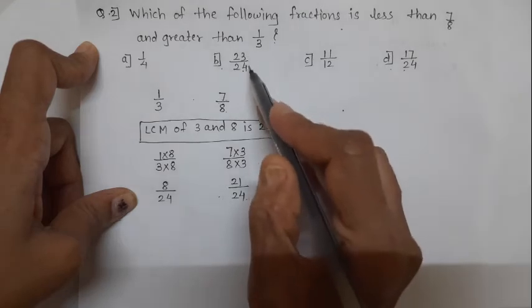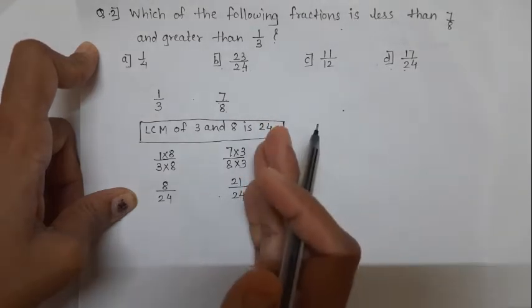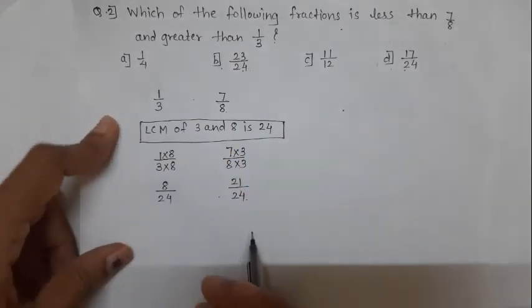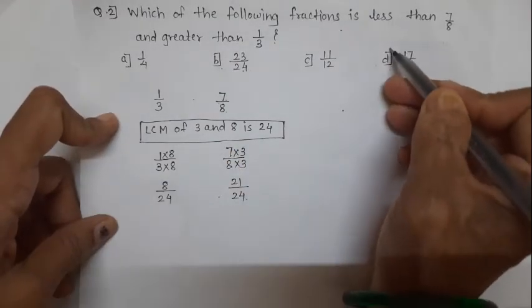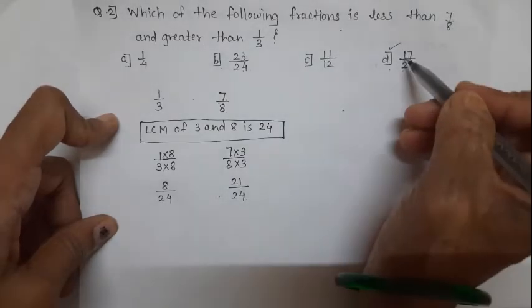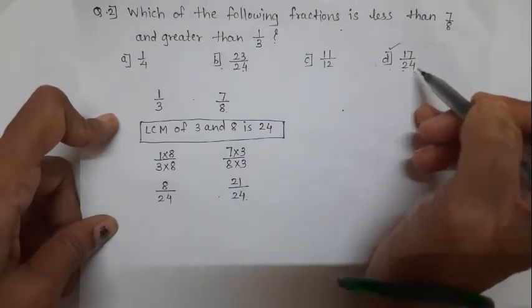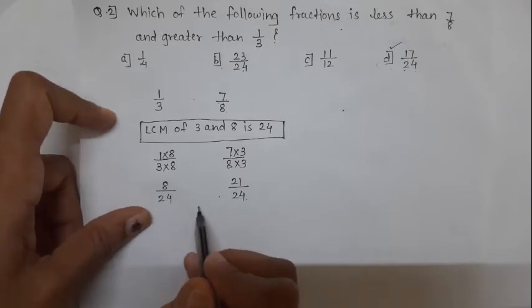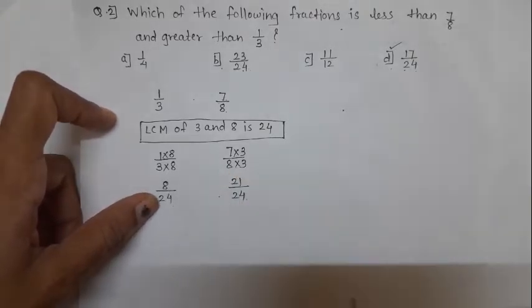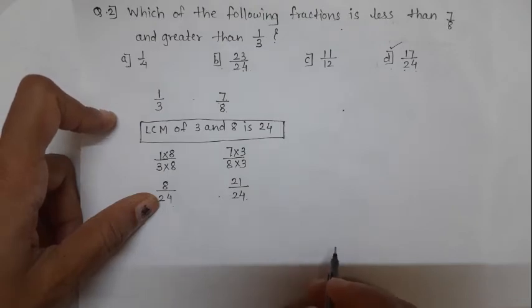Yes, obviously this number will be greater, but we want less than this number and greater than that number. So which option will come? Option D will come in between these numbers. Yes, option D, 17 upon 24 is greater than 8 upon 24 and less than 21 upon 24.